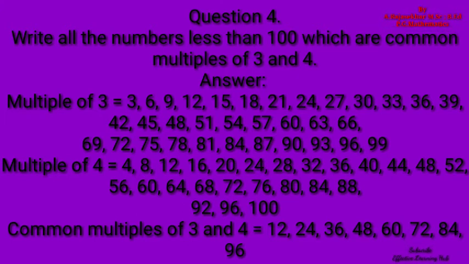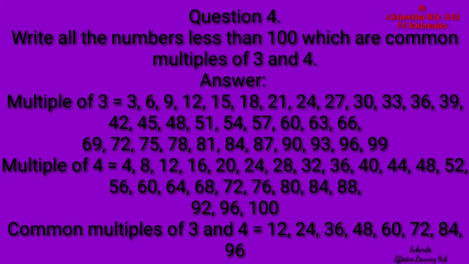Question 4. Write all the numbers less than 100 which are common multiples of 3 and 4. First write in the 3 table. Multiples of 3: 3, 6, 9, 12, 15, 18, 21, 24, 27, 30, 33, 36, 39, 42, 45, 48, 51, 54, 57, 60, 63, 66, 69, 72, 75, 78, 81, 84, 87, 90, 93, 96, 99.